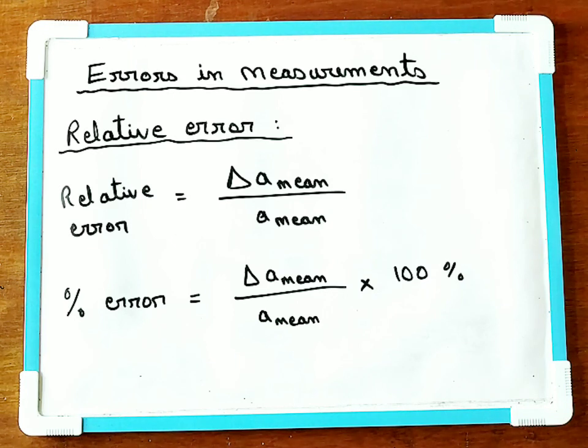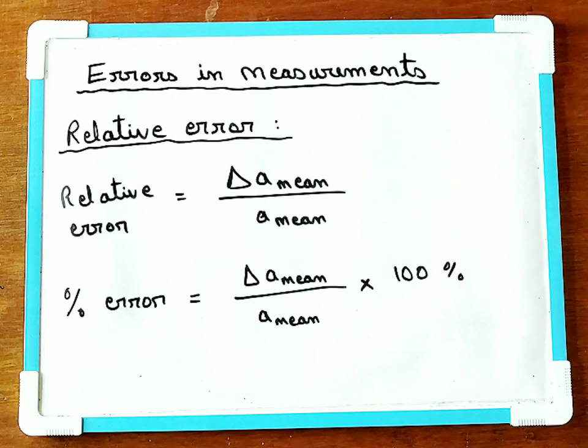In all these calculations, you'll first have to find the true value, which is the mean value of all the observations that you have taken, or in some cases the true value will be given. In some problems the true value will be given. So all you need to find is the absolute error.